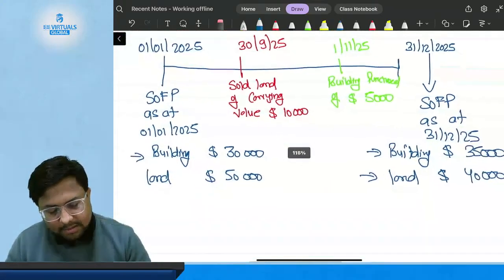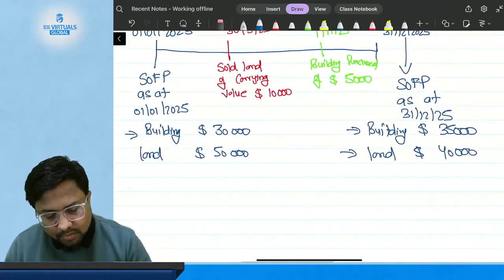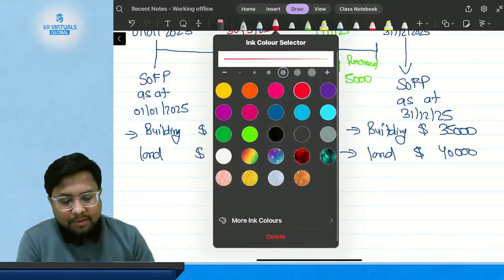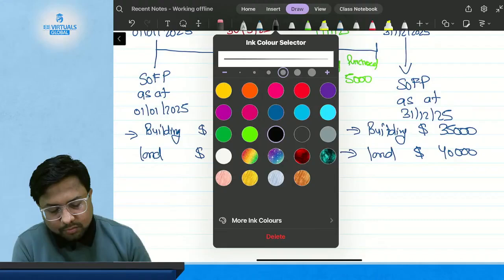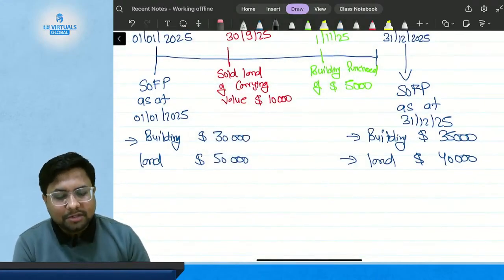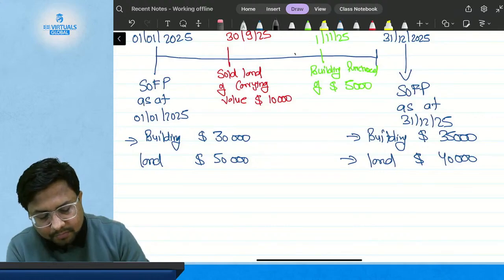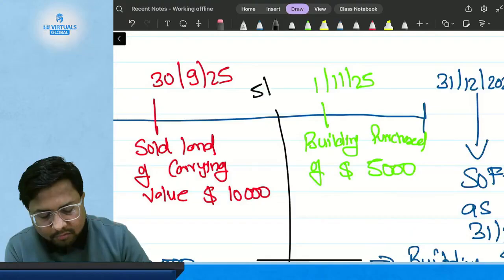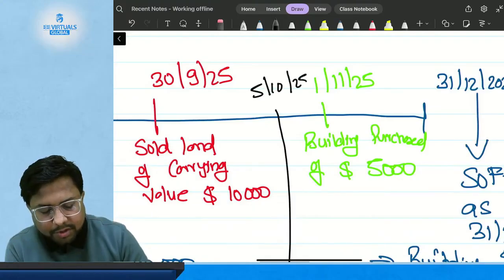Suppose in this example only, I needed a financial position in between the year. So I have asked my accountant to give me the financial position as on 5th of October 2025.